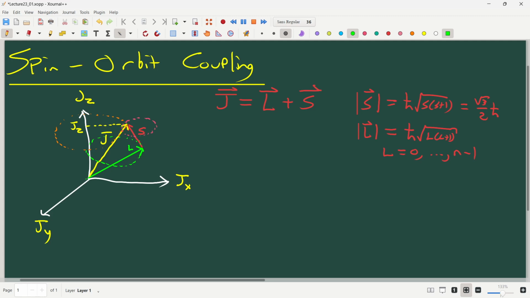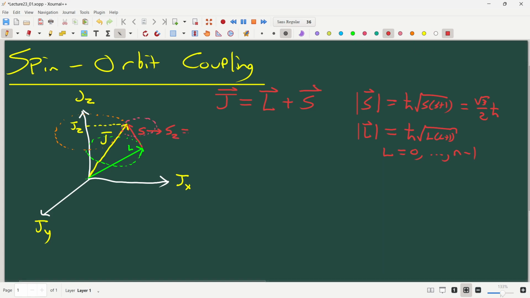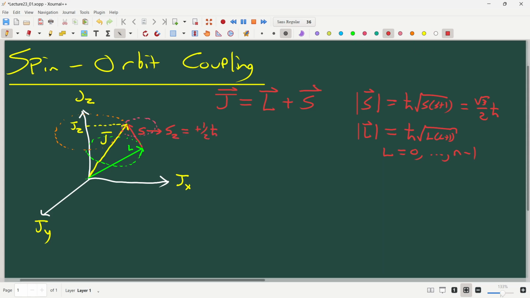Okay, but there's also a result where spin can act in the opposite direction. This would be S. Let me just say that this is S such that S sub Z is 1/2 h bar. This is the positive spin, the counterclockwise rotation of the spin.